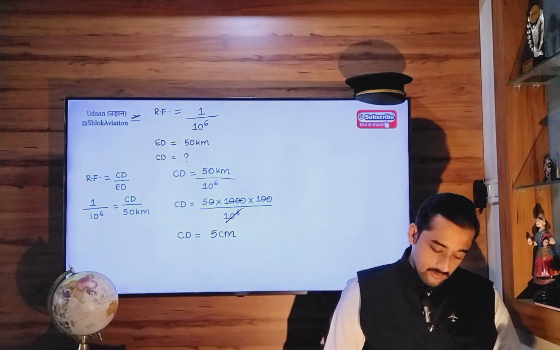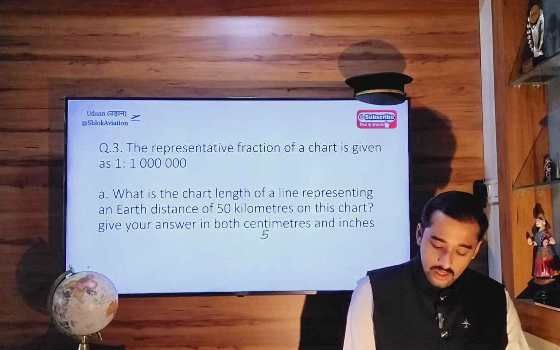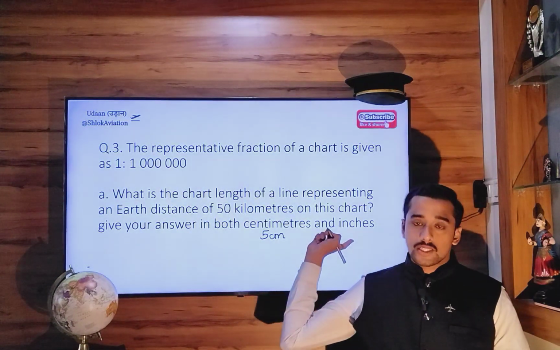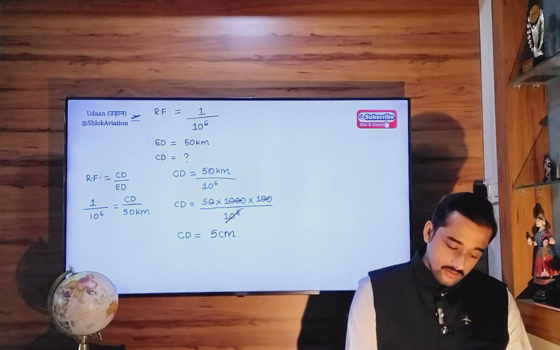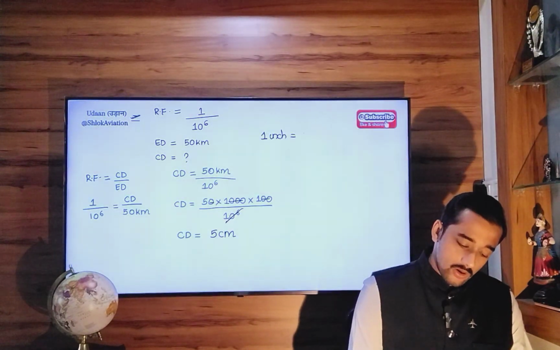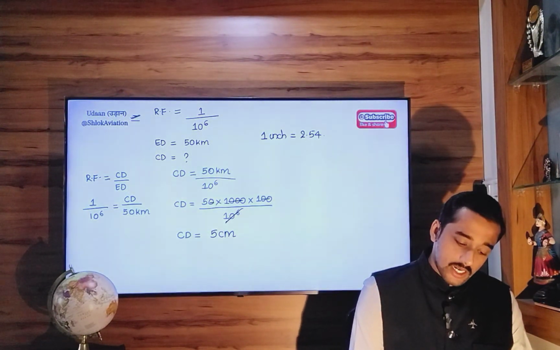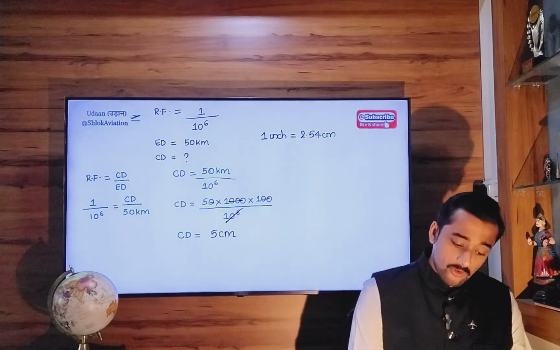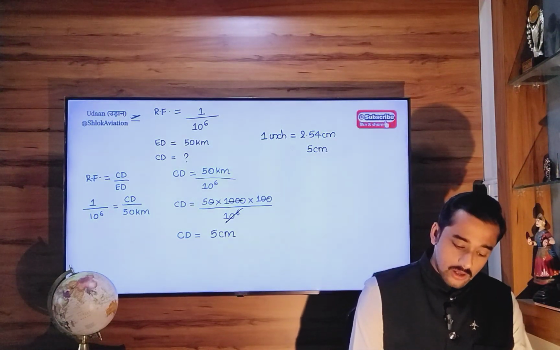Simple. Now let's convert this 5 centimeter into corresponding inches. Now we know that 1 inch is equal to 2.54 centimeter. So 5 centimeter will be equal to how many inches?